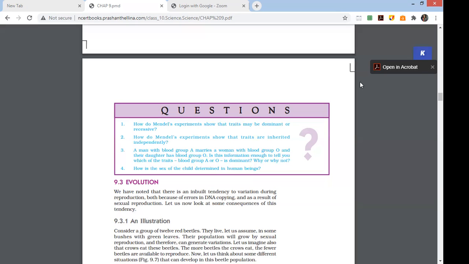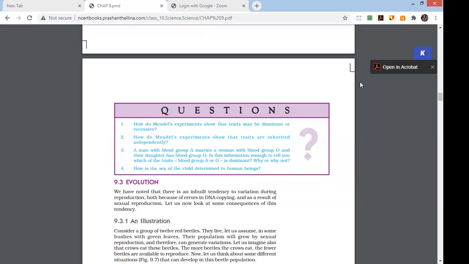Question 4. How is the sex of the child determined in human beings? We have already discussed this in class in detail, that it is determined by the 23rd pair of chromosomes that is known as the sex chromosomes, that is XX in female and XY in male.